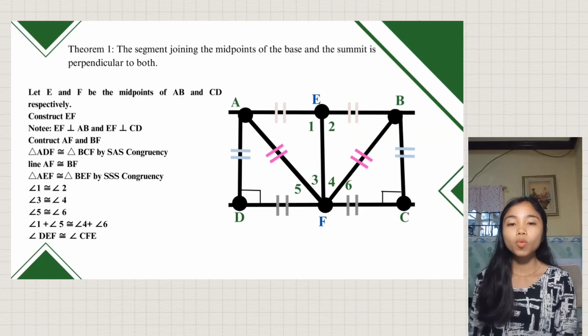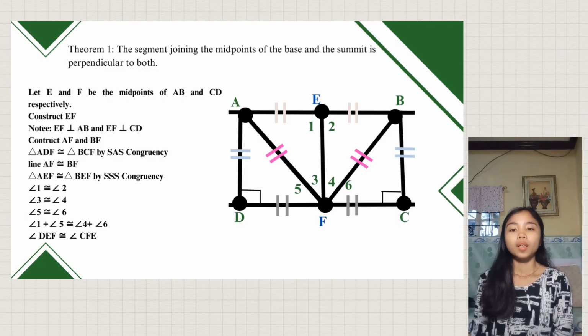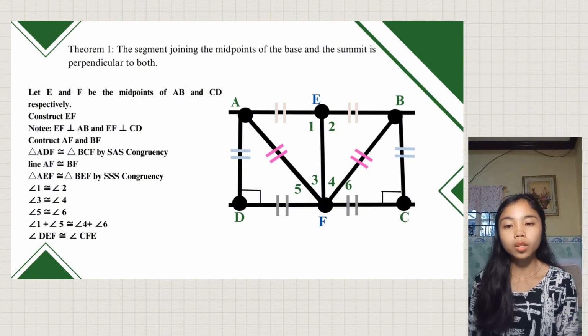my part, I have here an example of each theorem. So first, let's discuss theorem 1. In this illustration, let E and F be the midpoints of AB and CD respectively.